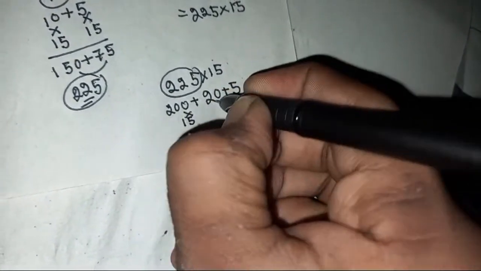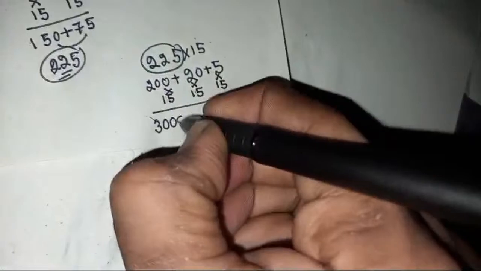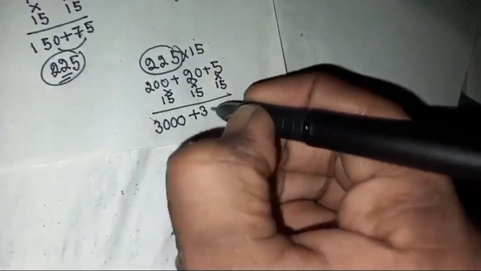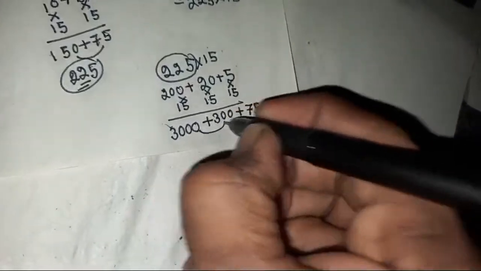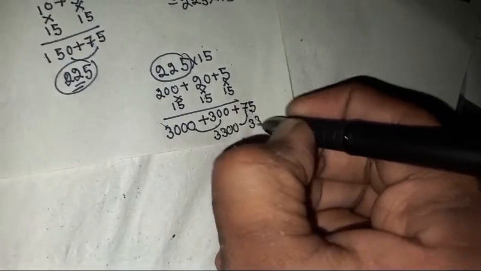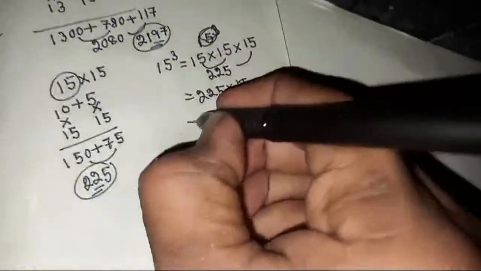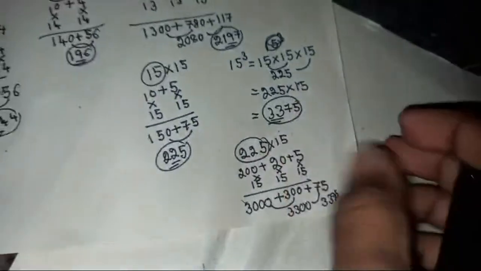In all, multiply with 15 and you're going to get 15 times of 200, 3000, plus 15 times of 20, 300, 15 times of 5, 75, 3375. It is 3375. That's the 15 cube.